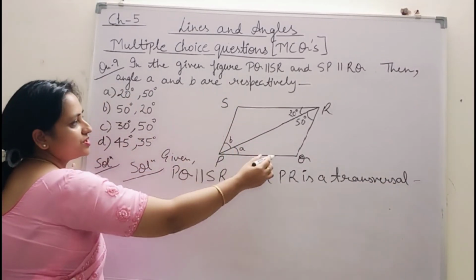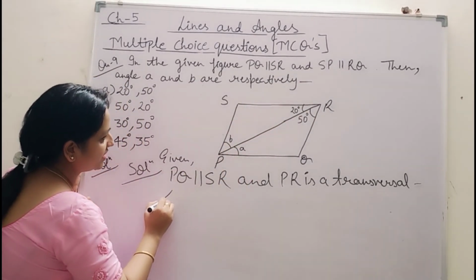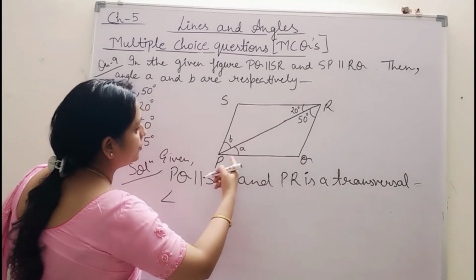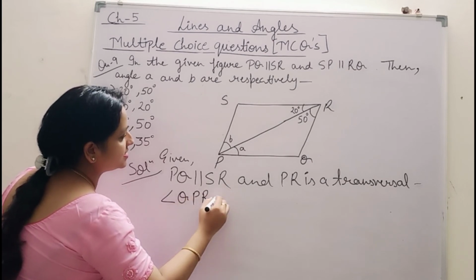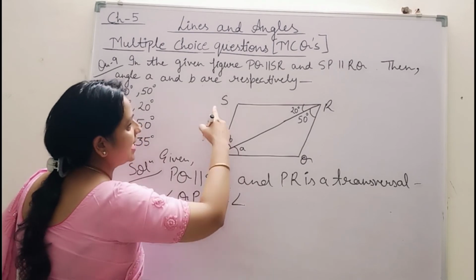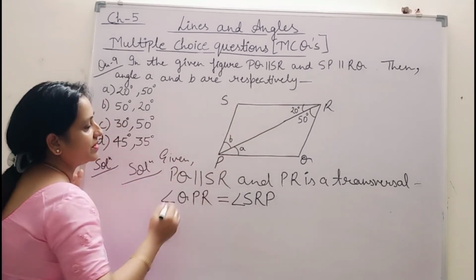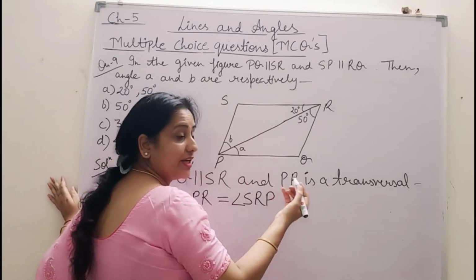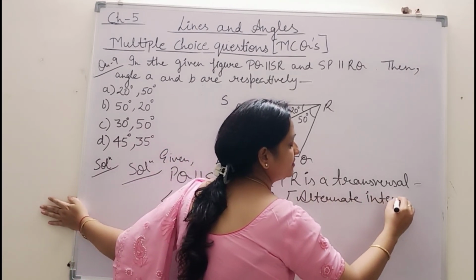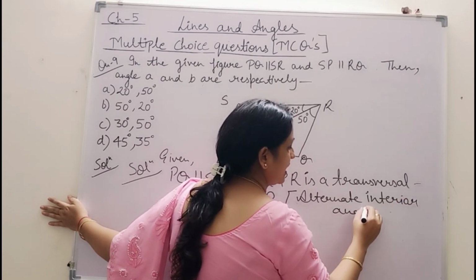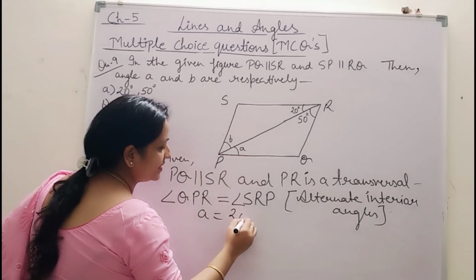Then angle QPR is equal to angle SRP. Why are they equal? Because they are alternate interior angles. So angle A is equal to 20 degrees.